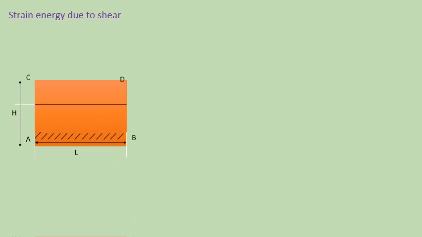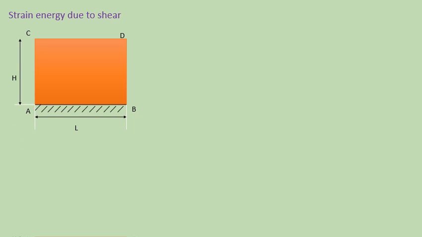So next one, strain energy due to shear. Now let us see what happens if we apply the shear stress to a rectangular element. So let us consider the rectangular element ABCD of length L and height H, which is applied by a load F on the surface CD.